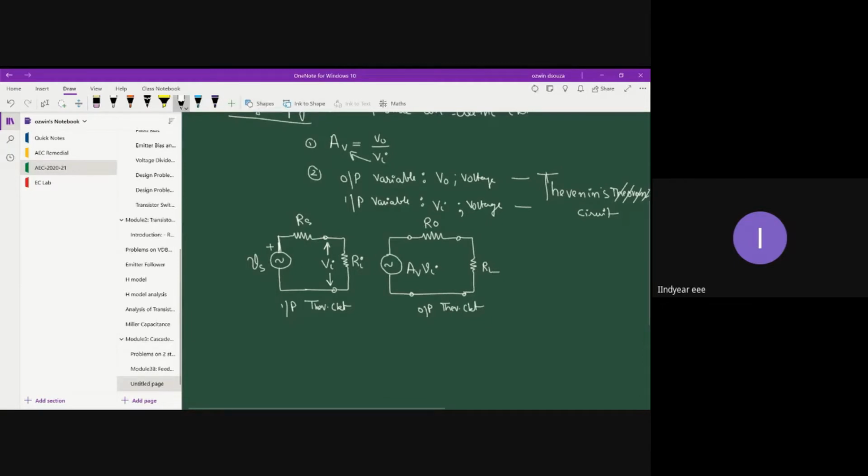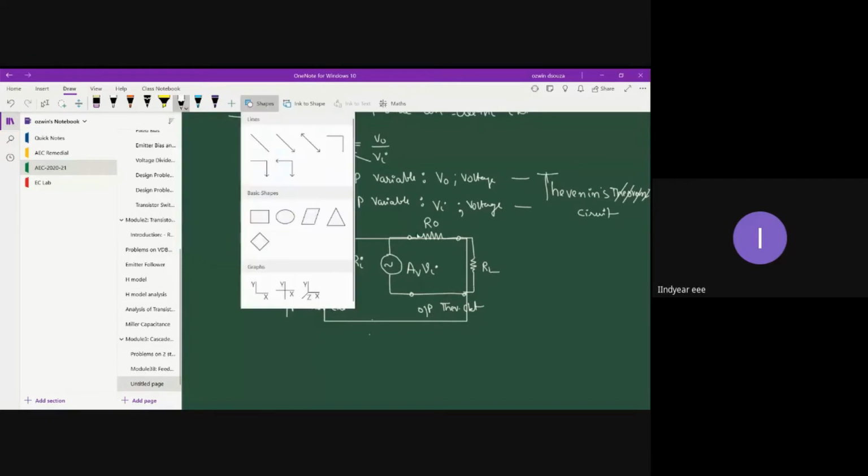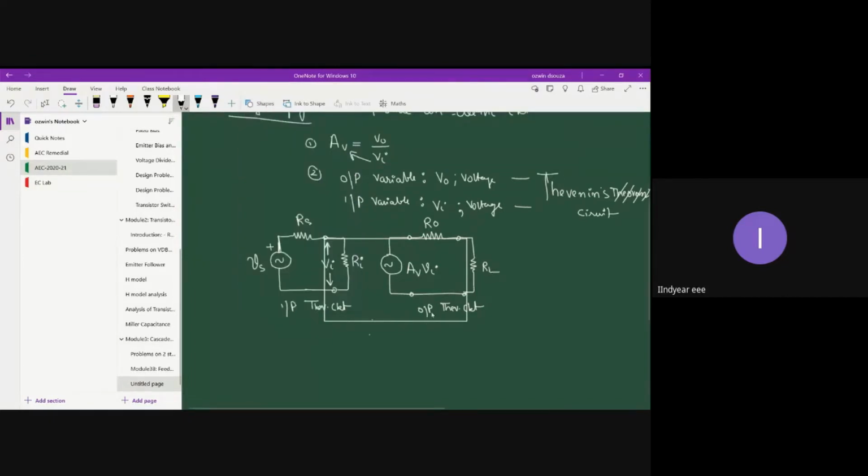Now, put together, what you can say is that the circuit which is found within this box is basically the voltage amplifier circuit.